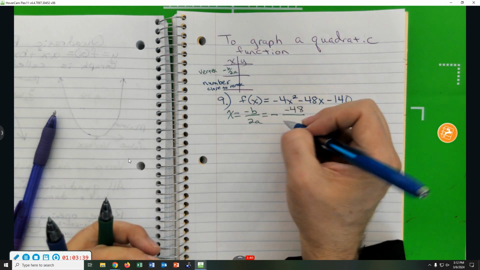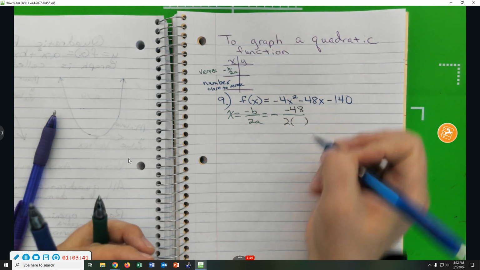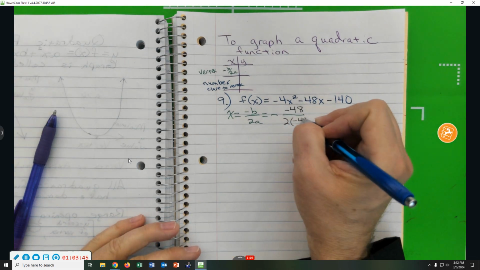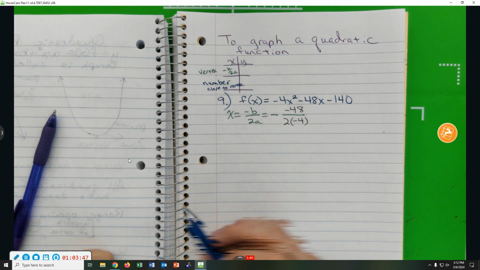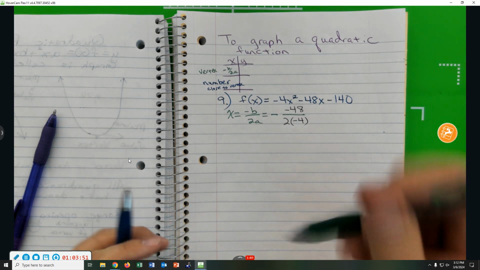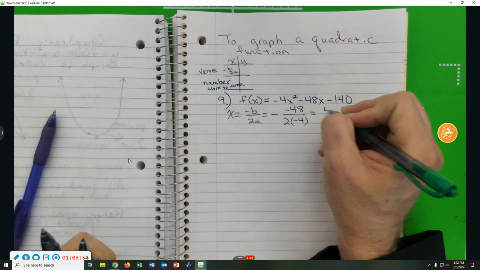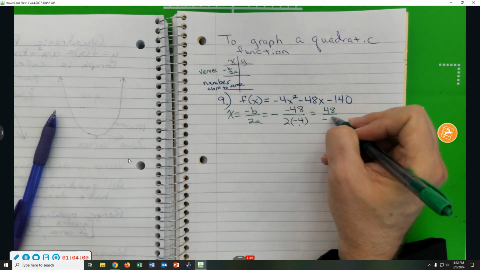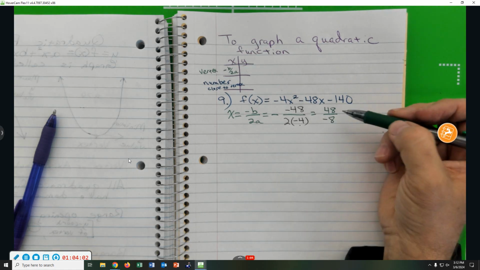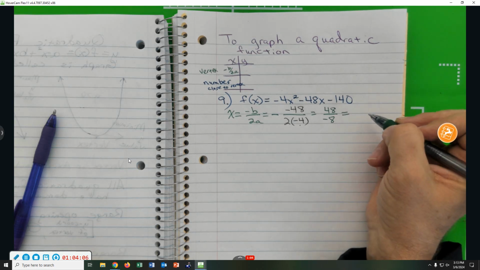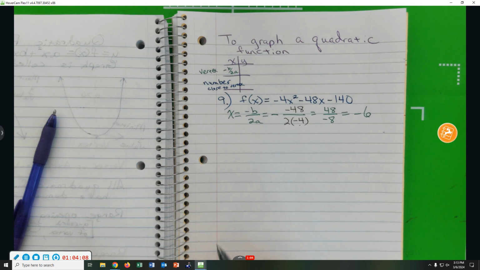Then we have a 2 times, what's a? Negative 4. Negative 48 becomes what? Positive 48. Positive 48 divided by, what's this denominator? Negative 8. 48 divided by negative 8 gives me a negative 6.